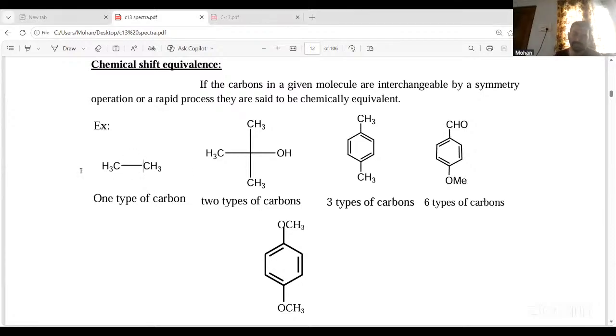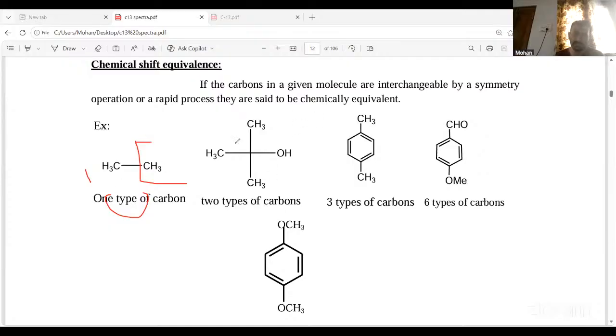So how many signals do we get here? We get one signal only because it is a symmetrical compound. It bisects the molecule into two equal halves, so both the methyls fall in the same chemical environment. So we have only one type of carbon, and you get one signal for this one.